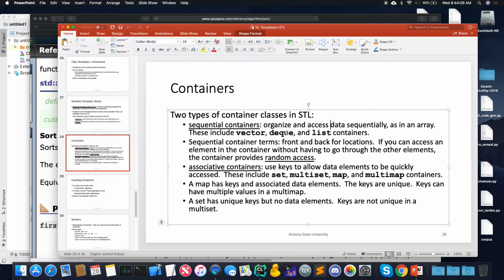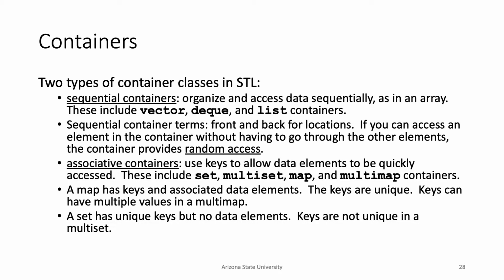So mainly DEQ is good if you're inserting elements at the beginning or the end. List is basically a simplified version of a DEQ. So what I'm trying to get at here is some data structures are good at some things and bad at other things. It's not that one data structure is better than all others at every single problem that you need to solve. Sometimes vector is better, sometimes DEQ is better.